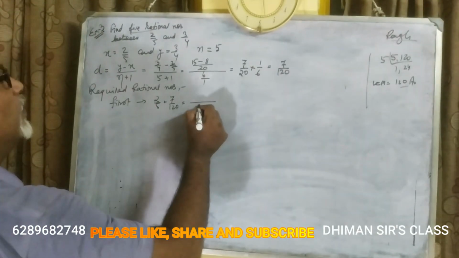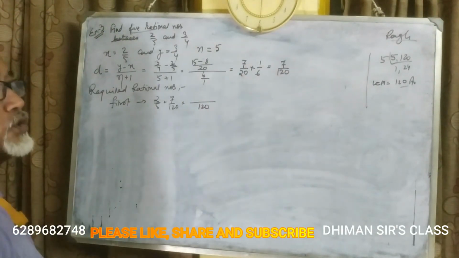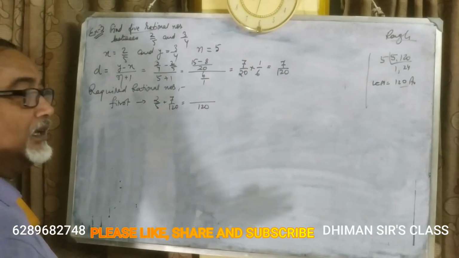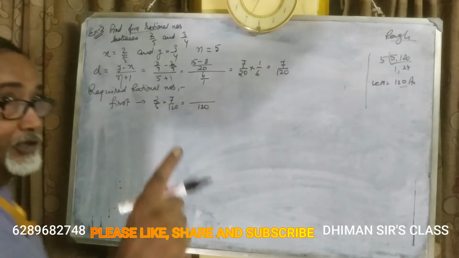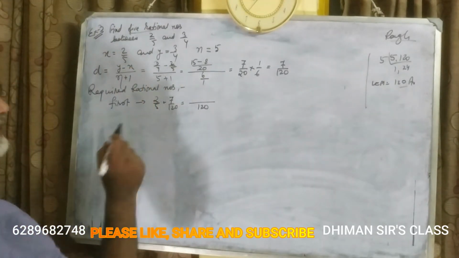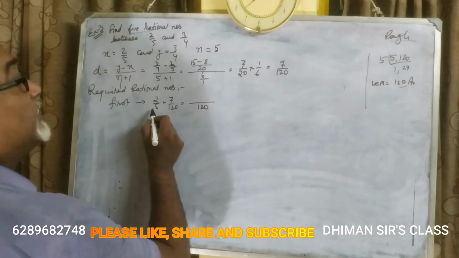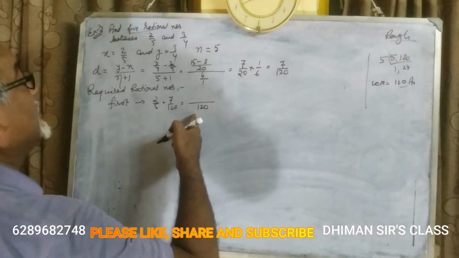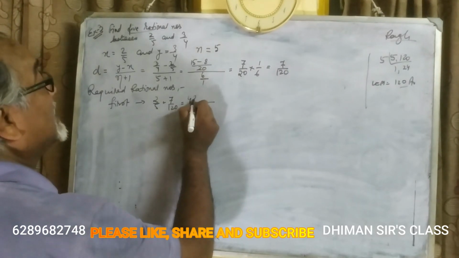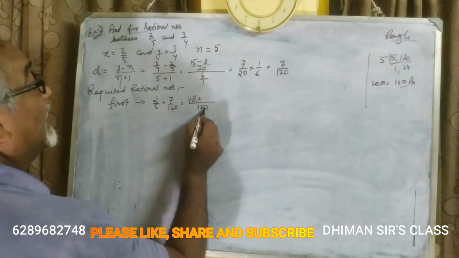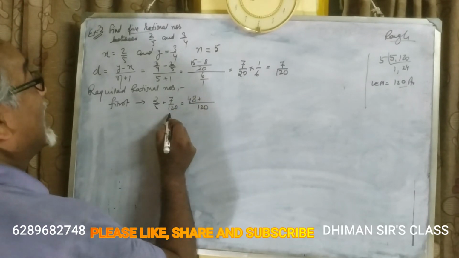So it will be 120. I just showed it. I am trying to show everything. I am not skipping anything. So you also don't skip the video, otherwise you won't be able to understand. So 5 24s are 120, 24 2s are 48, plus 7, divided by 120.